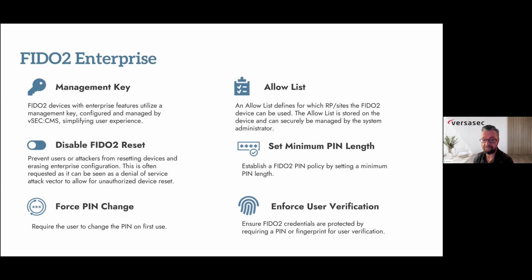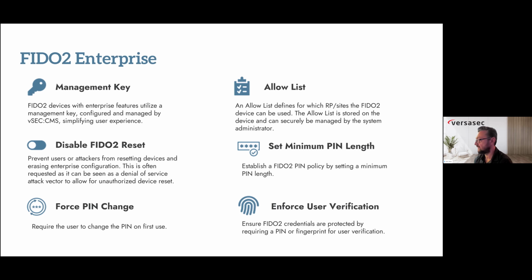A great setting is the allow list, or application allow list. You want to allow users to use the FIDO device with specific IDPs only, so if they try to provision to another IDP, they wouldn't be able to do so. That allow list defines which relying party sites the FIDO2 device can be used at.